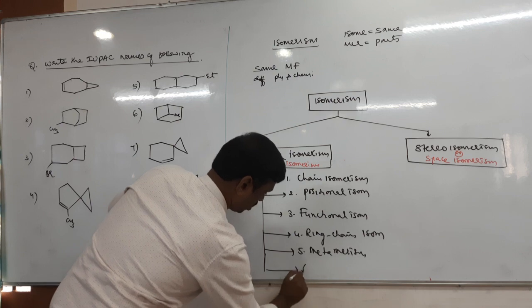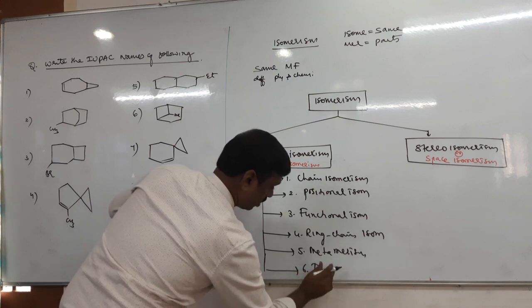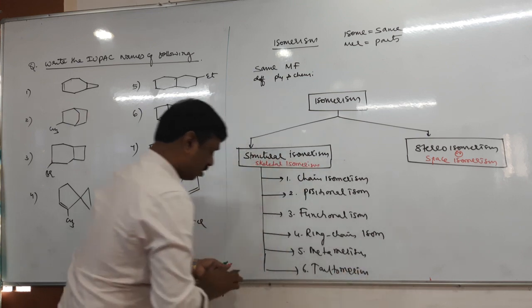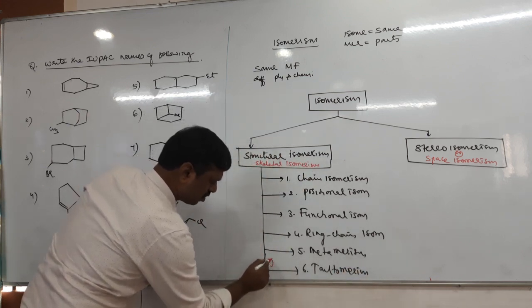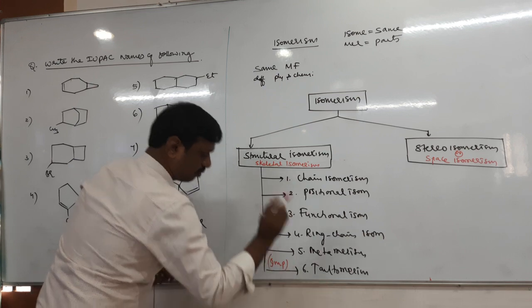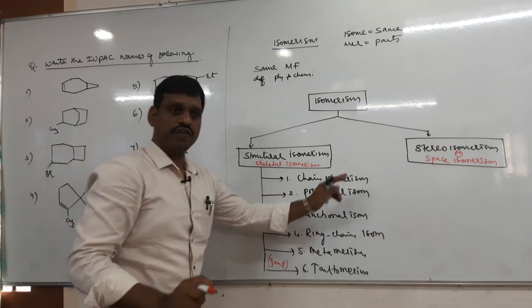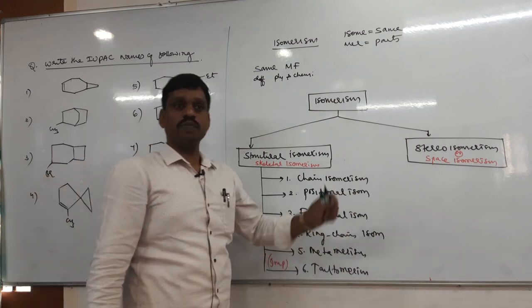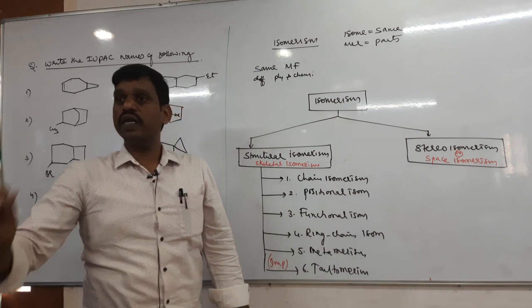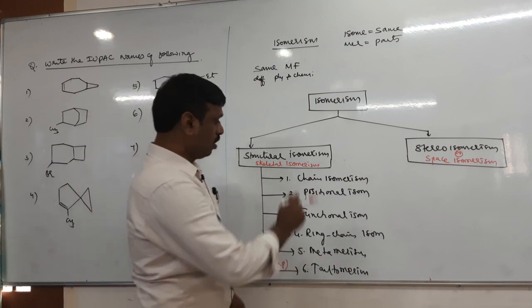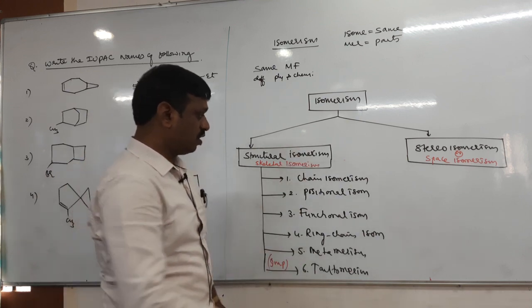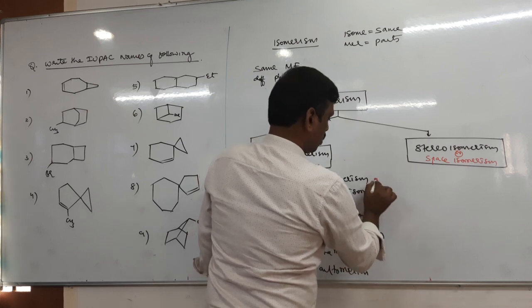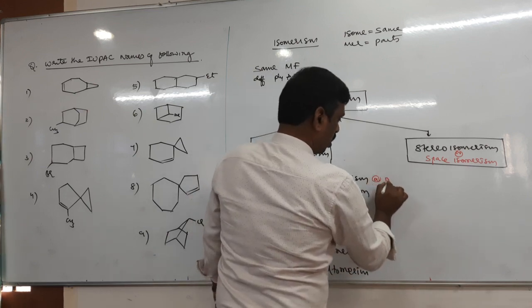And sixth one is tautomerism. Among these, the tautomerism concept is very, very important to understand organic chemistry. Remaining all are just definitions; 2-3 examples you can remember. But tautomerism is important to understand, particularly organic mechanism. That is structural isomerism. Chain isomerism is also called nuclear isomerism.